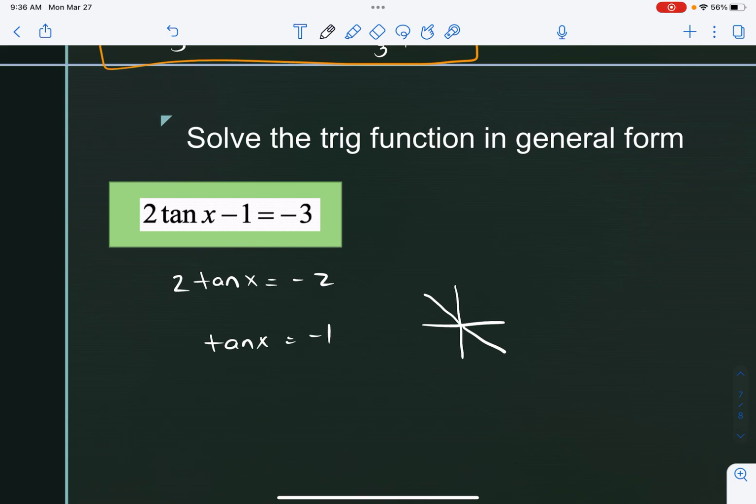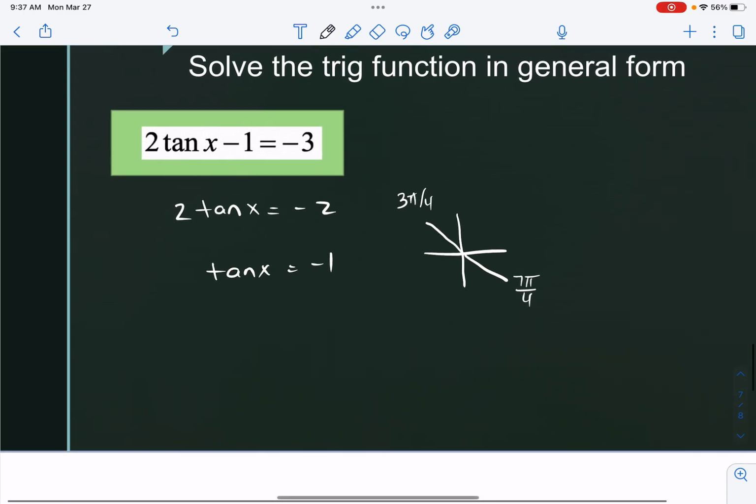Remember with the tangents, notice here they are across from each other. So because they're across from each other, I'm just going to write it once. So the family that will give me that, remember, is the pi over 4. So this is 3 pi over 4. And this would be 7 pi over 4.